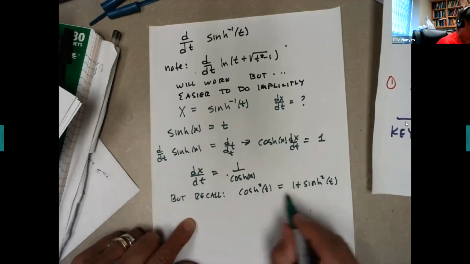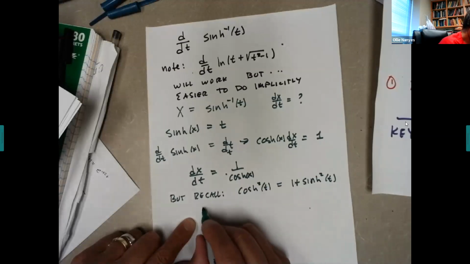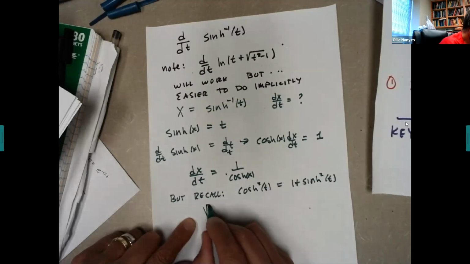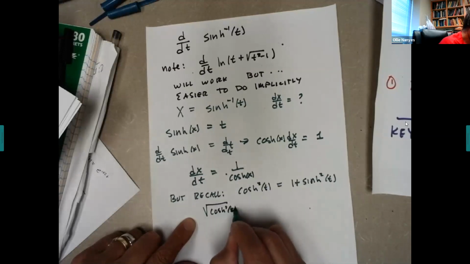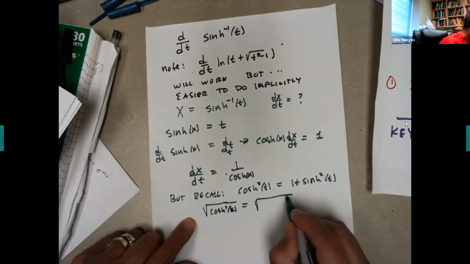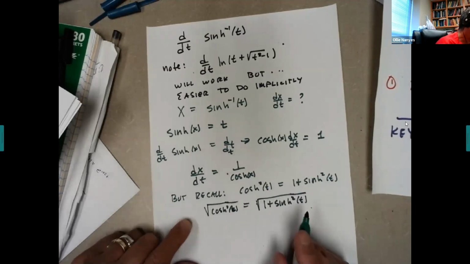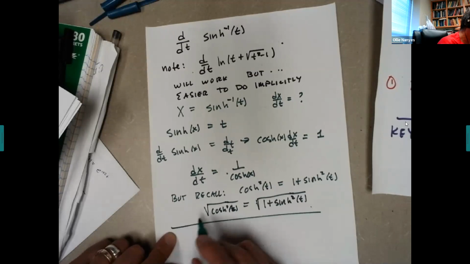So now if we take the square root of both sides, remember hyperbolic cosine is always positive, okay, that's with t, so let's put it in terms of x.